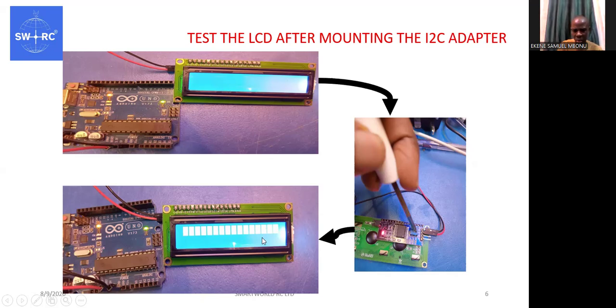Turn it clockwise or anti-clockwise. You watch your LCD. Once the spaces for characters are visible on the first row, then you are good to go. It means that your LCD is in order. That's that. So we'll move on.